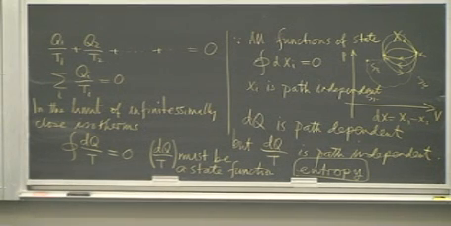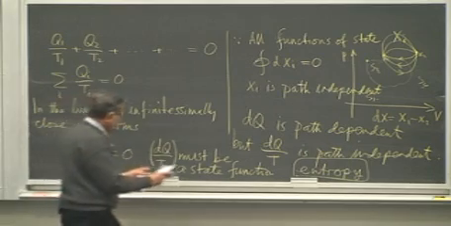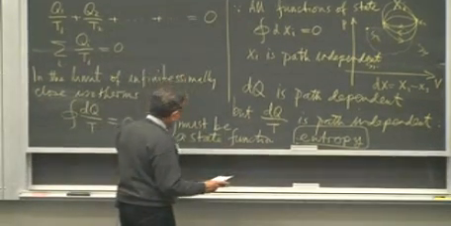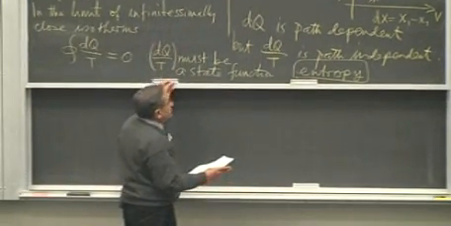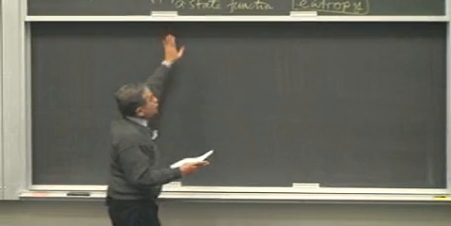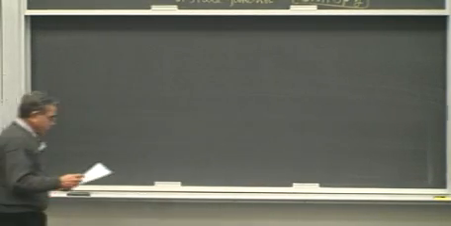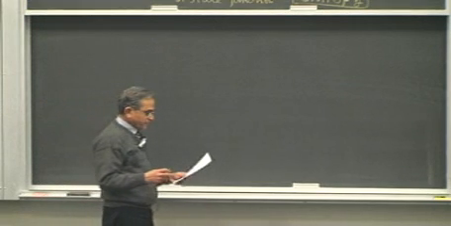Any other question at this point? No. Okay. So this is where we are, and we say that we have now defined a new state variable that was not known before this, and we call it entropy.